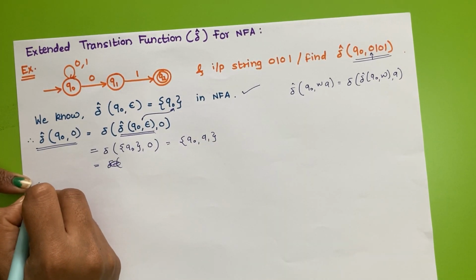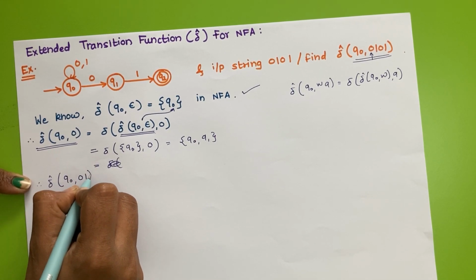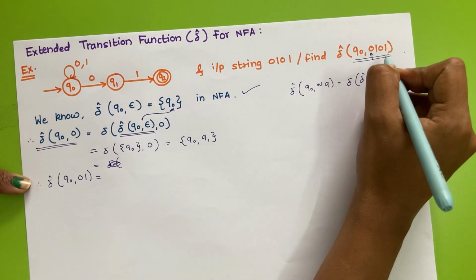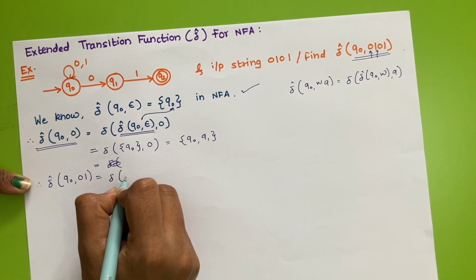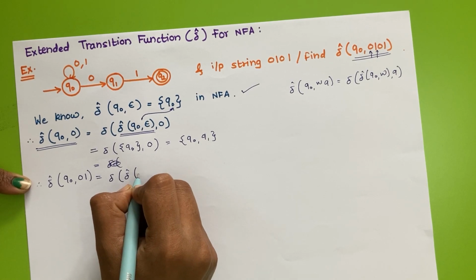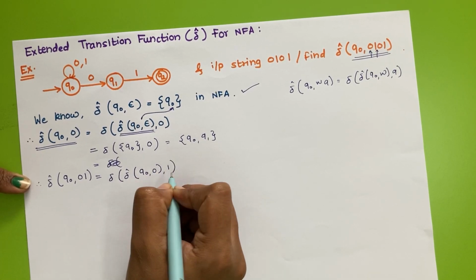Now the next step is delta cap of Q0 comma 01. The next input symbol is 1. Again I'll write the same in the format, that is delta of delta cap of Q0 comma 0, comma 1.